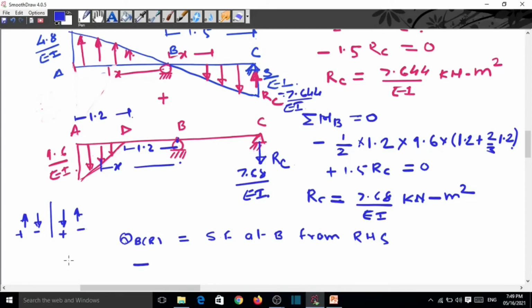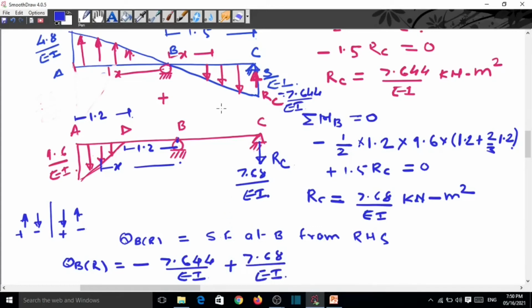So we can say theta b from the right side, that is equal to minus 7.644 divided by the EI. Then this reaction is downward, so from right side downwards is plus, so plus 7.68 divided by EI.